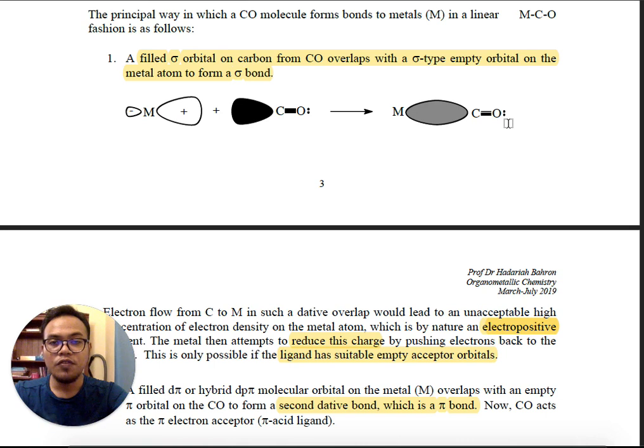Since the overlapping is happening between two sigma orbitals, they are going to form a sigma bond. So the first step of forming your carbonyl complexes is the formation of a sigma bond between the sigma orbital of your carbon from carbon monoxide and the sigma orbital of your metal. Okay, that's the first step.